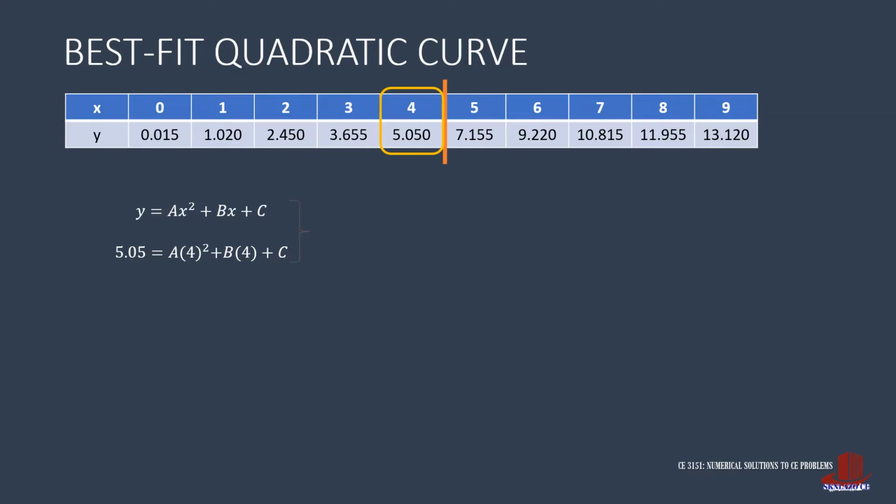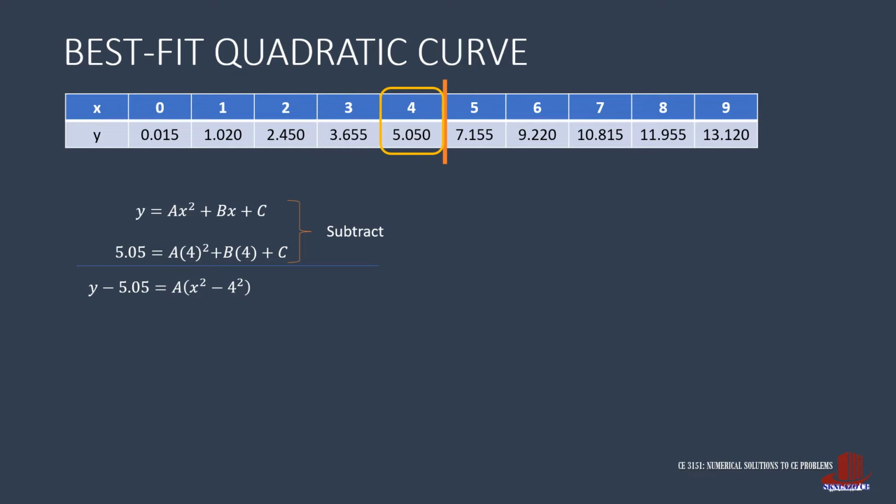Next is to subtract these two functions. This makes y minus 5.05. Then for the next term, we have ax squared minus a times 4 squared. If we factor out a, we get a with a binomial of x squared minus 4 squared.